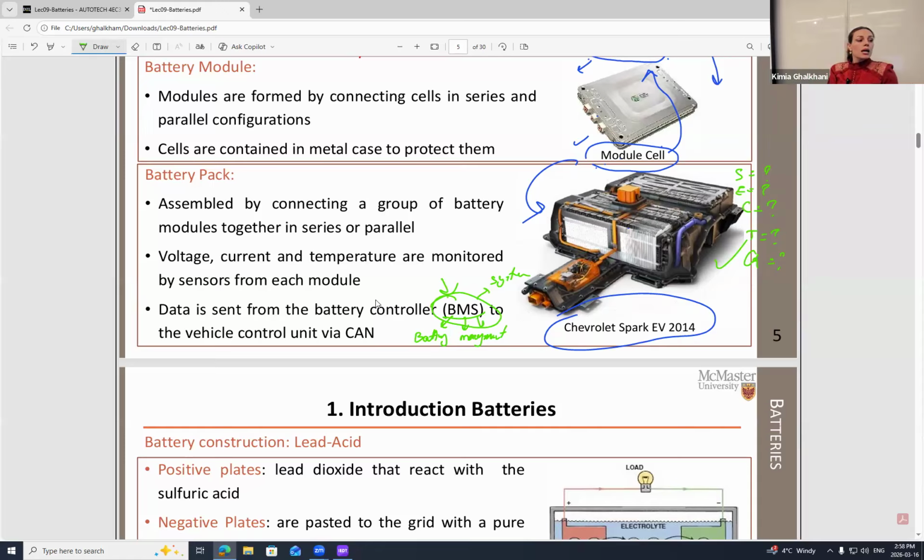Most of the time, for some small project, you can purchase one which is available at the market, and bring it and use it, especially for your capstone project. Or another topic for capstone project could be designing the actual battery management system, because there is a lot of research going on in this field, being able to design the most efficient battery management system.